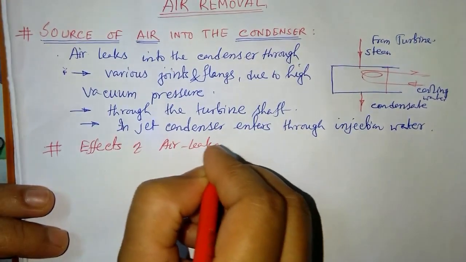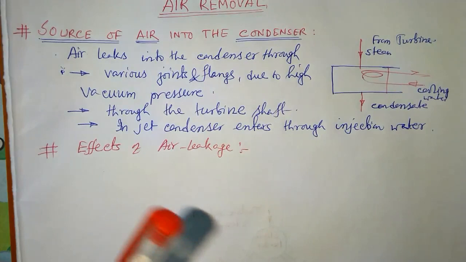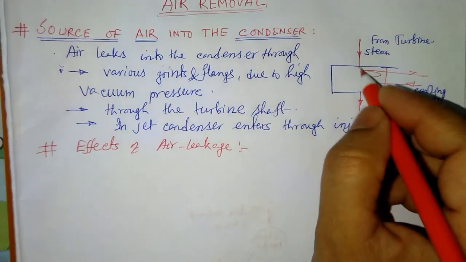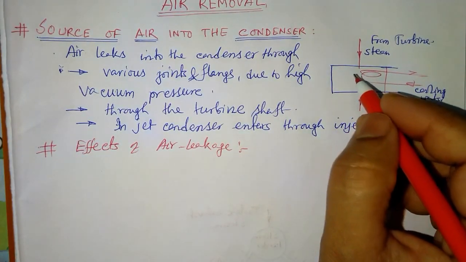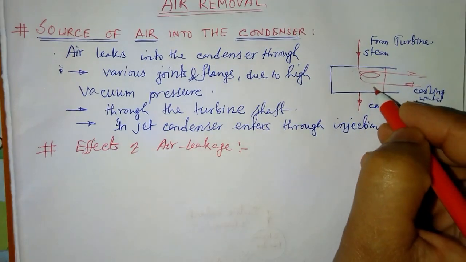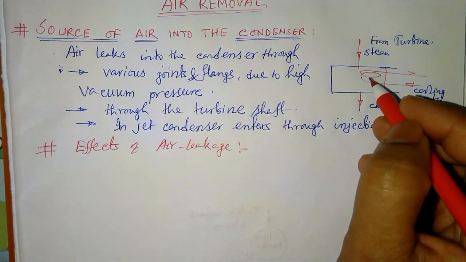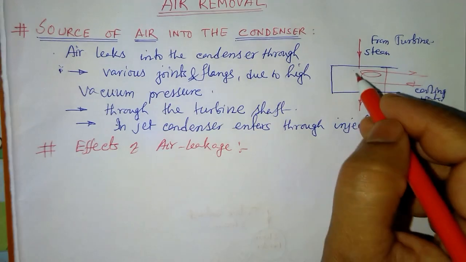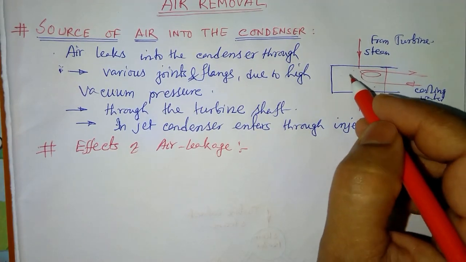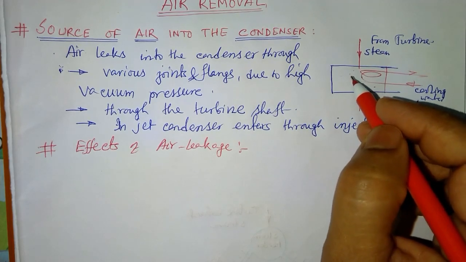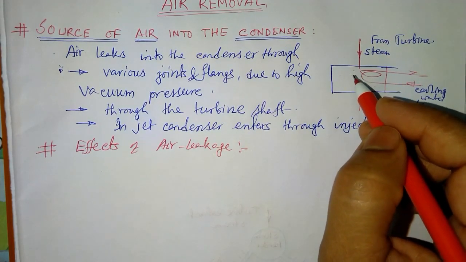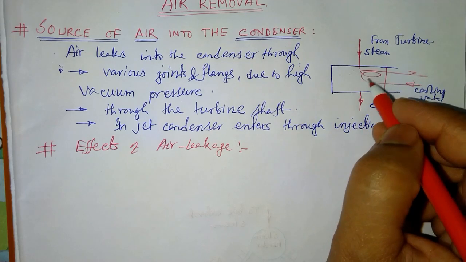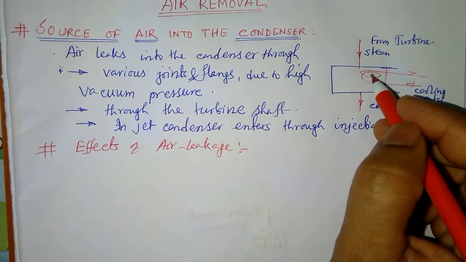Due to air leaks, it reduces the heat transfer considerably, because if there is air inside the condenser, then the rate of heat transfer from the steam to the cooling water reduces. Also, if some air is present in the condenser, there will be a reduction in the vacuum pressure, and then our vacuum efficiency will be less and there will be less flow of steam.